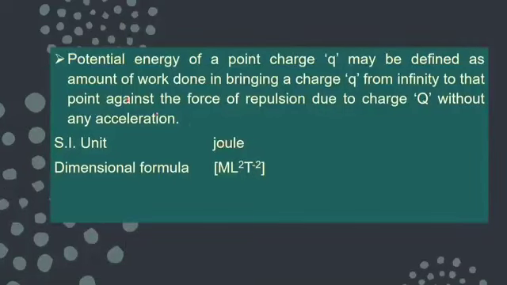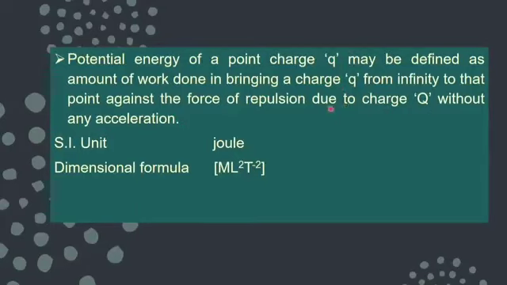Of course, you can define potential energy, that is your previous knowledge, that is the work done in bringing a charge. See, when I define the potential, I say bringing a unit charge. But when we define the potential energy, we bring a charge. It means potential energy is equal to charge into potential at that point. You have to multiply the charge with the potential at that point. Of course, we are bringing the charge without producing any acceleration.